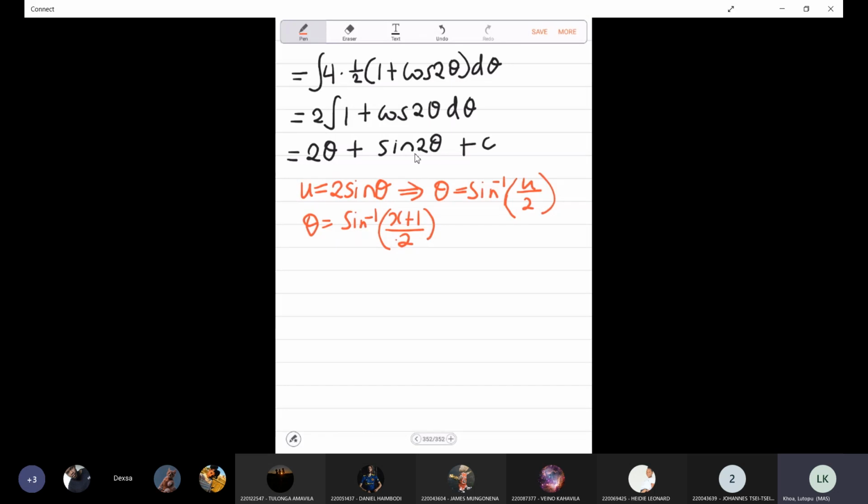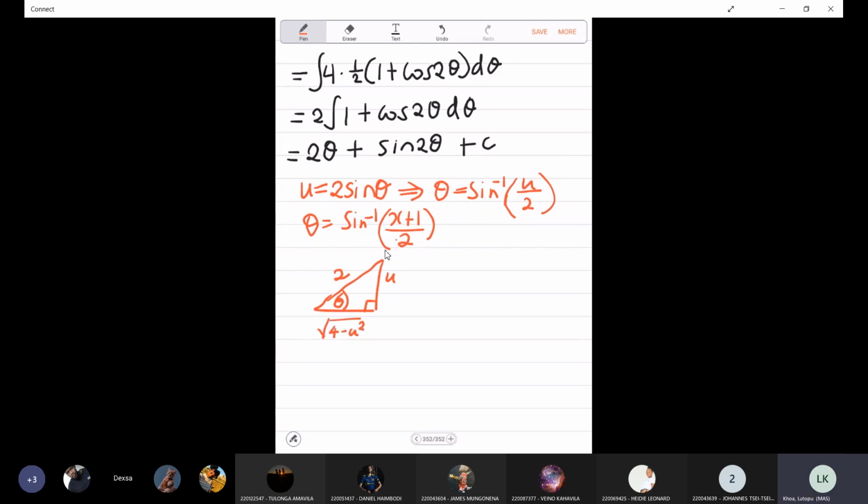Okay, and then sine 2 theta is just 2 sine theta cos theta. So we draw our right angle triangle. We have theta over there, and if u is equal to 2 sine theta, then sine theta is u over 2. So this is u, this is 2, the hypotenuse, opposite over the hypotenuse, and this side is the square root of 4 minus u squared.